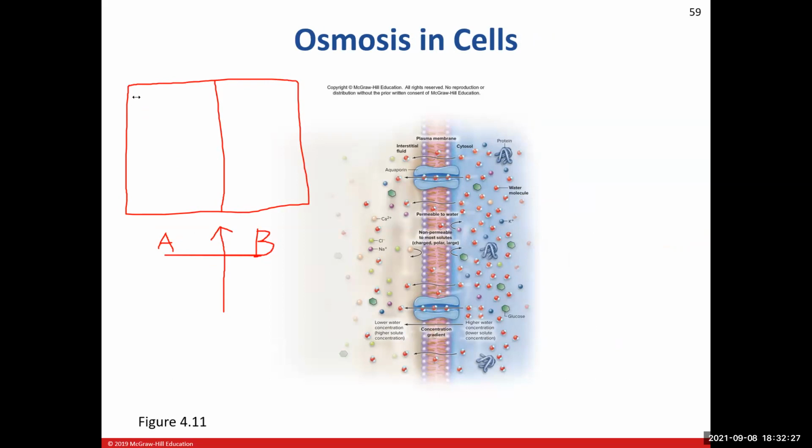So in compartment A, we're going to use that same example that we saw on the previous page. I've got a solution that is made up of 1% solutes. And then in my other compartment, I have a solution that's made up of 3% solutes.